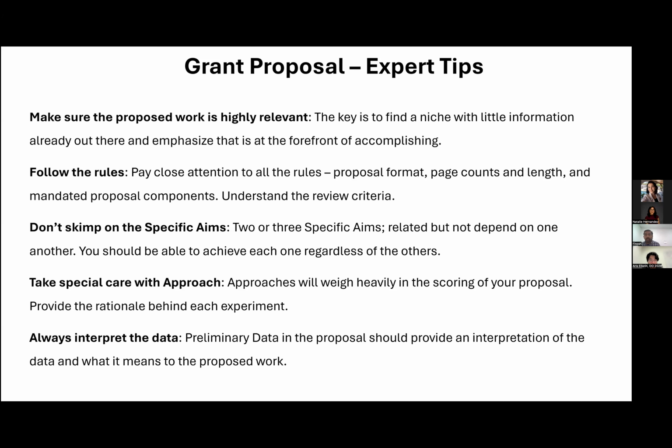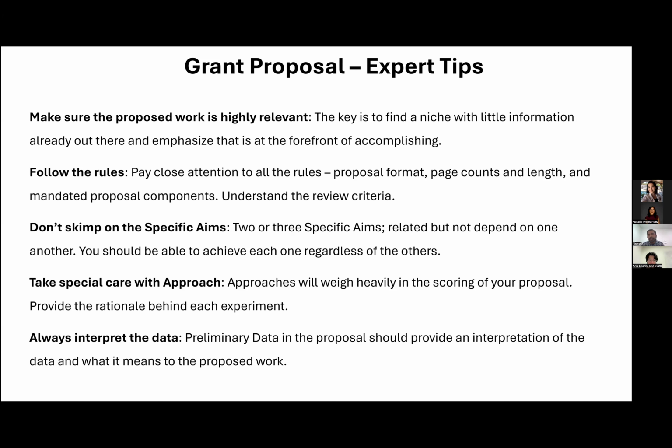And research approach is very, very important. Even if you have a groundbreaking idea, if we don't know how to prove it or how to plan experiments based on that idea, your proposal is not going to fly high.